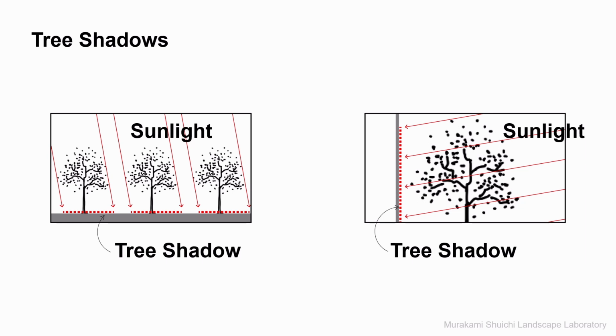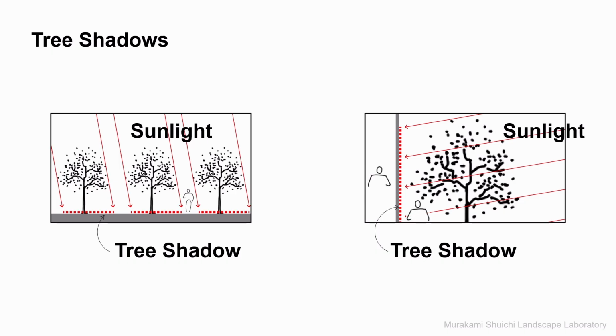Now let us focus on the positions of the observer. In the left diagram, the observer is assumed to be on the same side of the ground as the trees and the sunlight. But what about the diagram on the right?